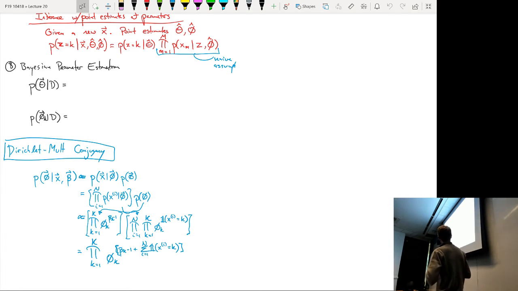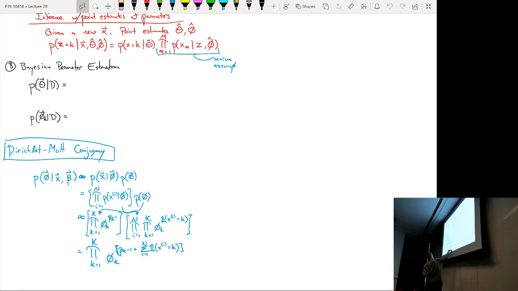Okay, so all we did was observe that if you multiply these together, you get this summation in the exponent, and then I combined the two exponents by addition.